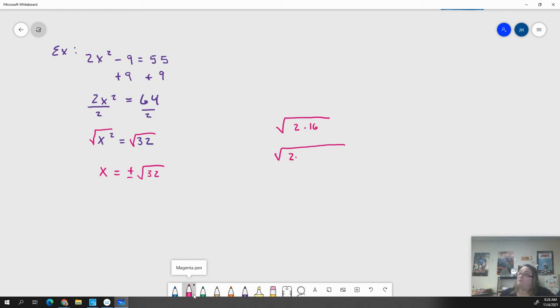I could go, well, that's 2 times 8, and that would be 2 times 2 times 2 times 4, which is also 2 times 2. I can break it down to its basic form and go, well, I've got a pair of 2's here. So that part's a perfect square and that part's a perfect square.